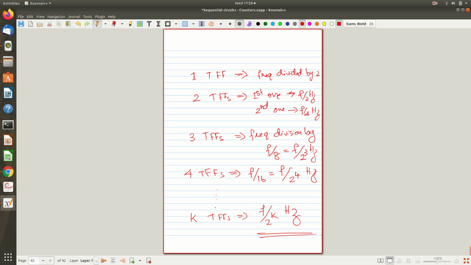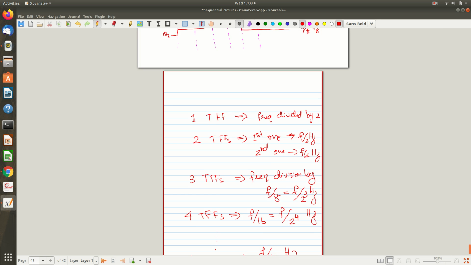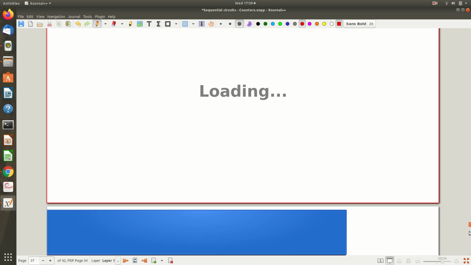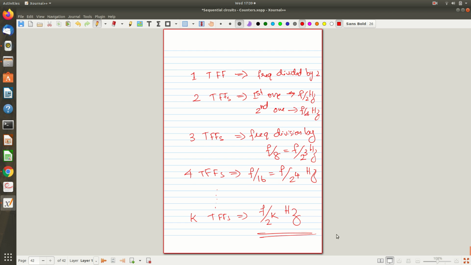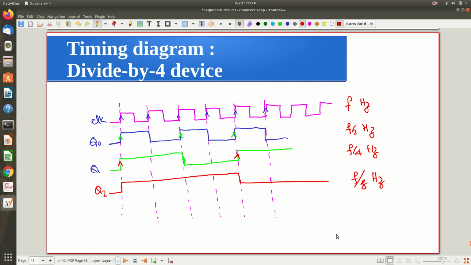For the second it will be input frequency by 2 power 2, for the third by 2 power 3, and like that, for the kth one it is the original frequency by 2 power k. Hope this generalization is clear.